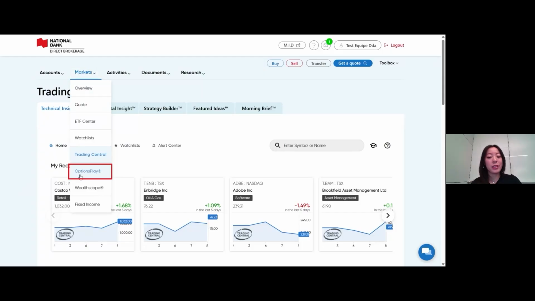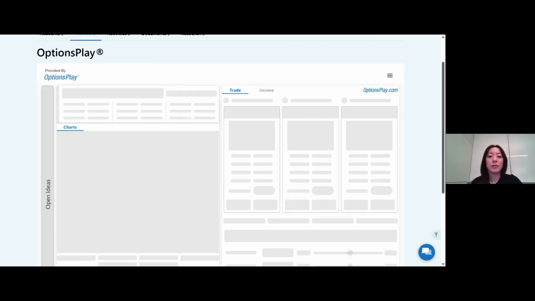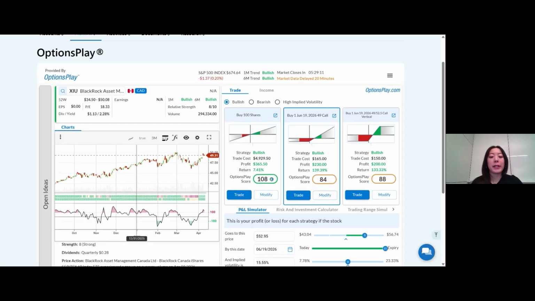Now, the next tool that we have is OptionsPlay. So OptionsPlay, this is an analysis, and I would say think of this as a tool to generate ideas.